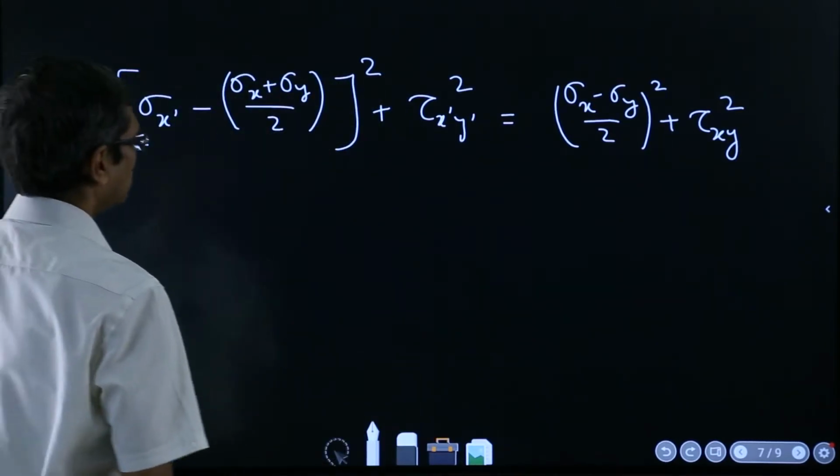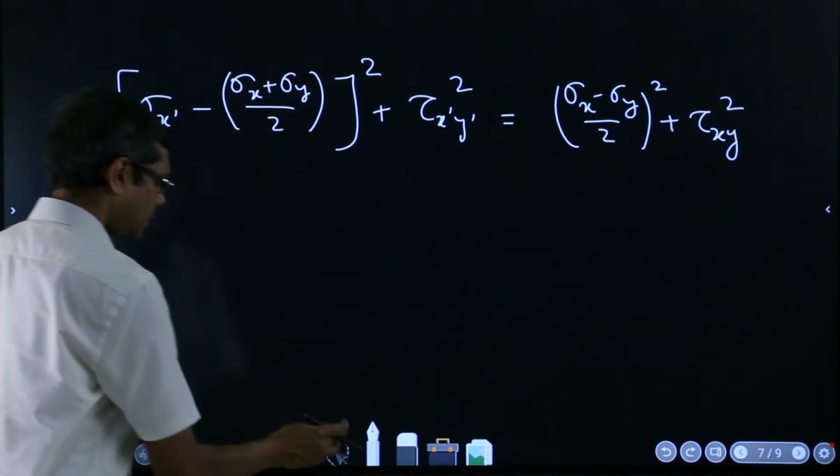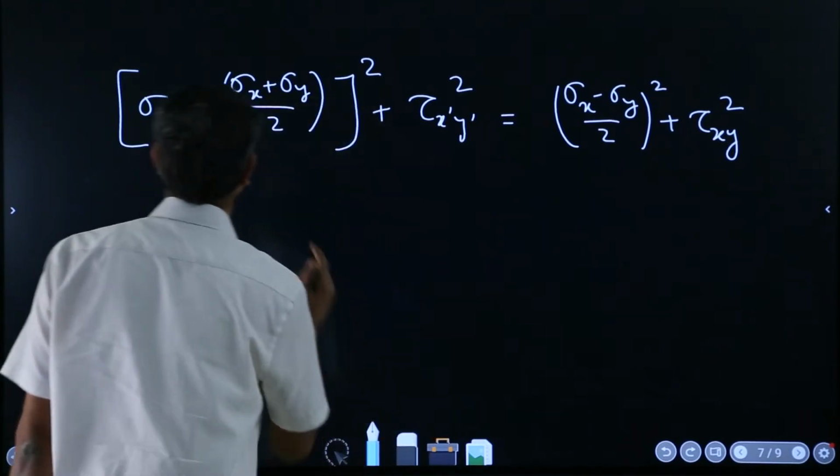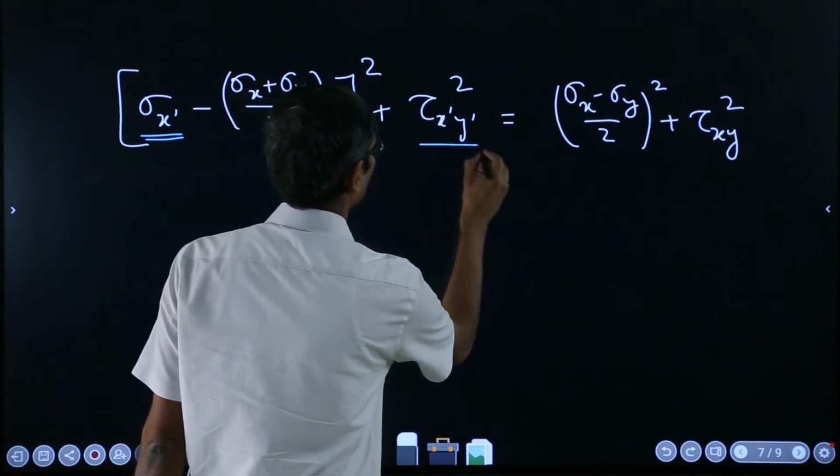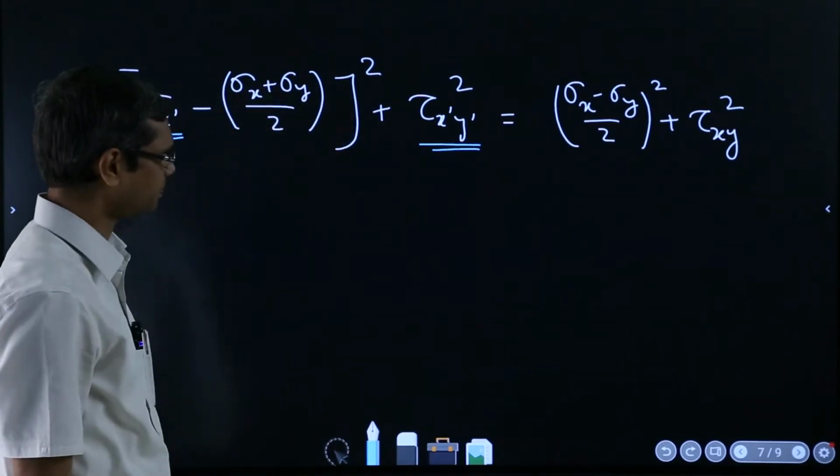So, this is what you will get. Now observe things which are important. Here this is x primed, y primed.